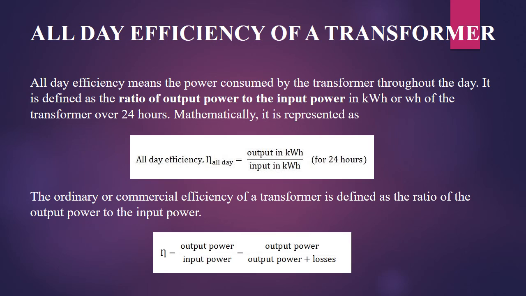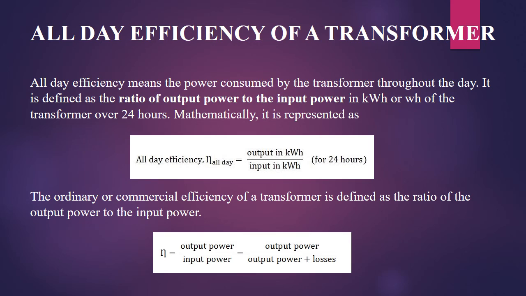All day efficiency calculation of transformer. The ordinary or commercial efficiency of the transformer is defined as the ratio of the output power to the input power. All day efficiency means the output and input energy of the transformer over 24 hours.